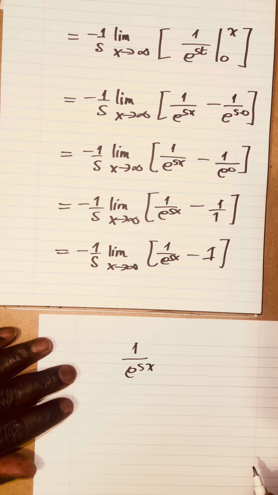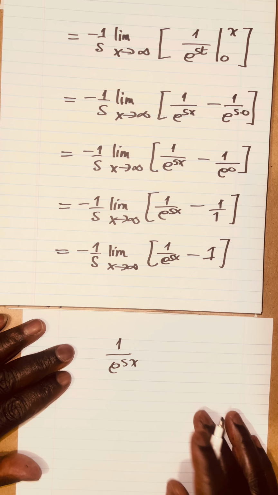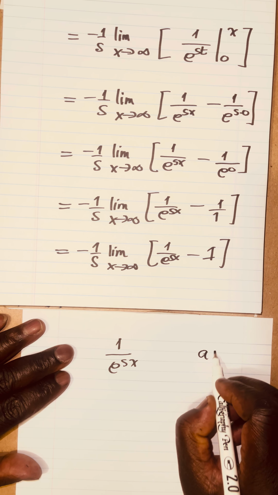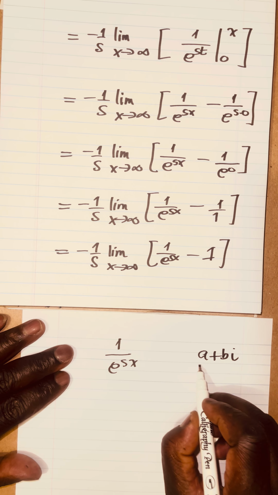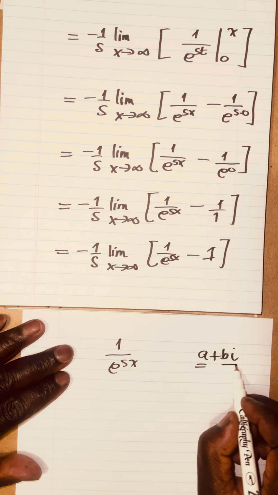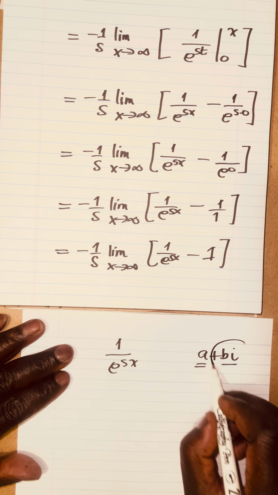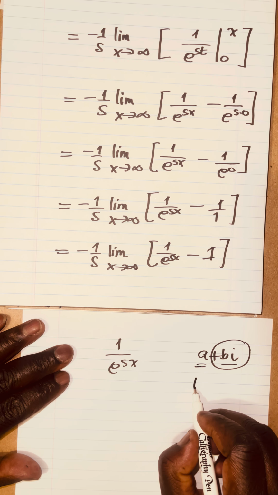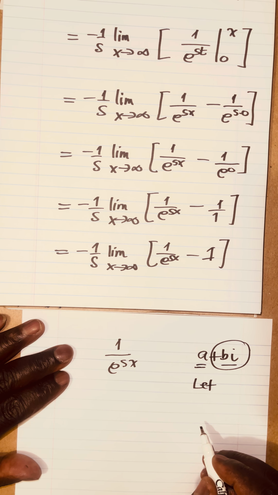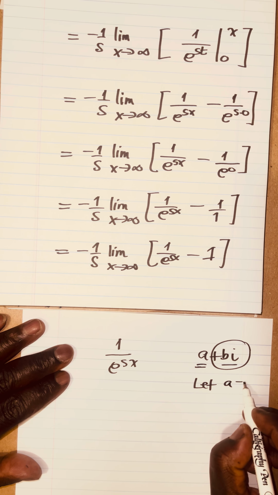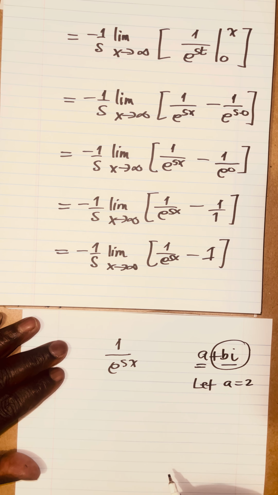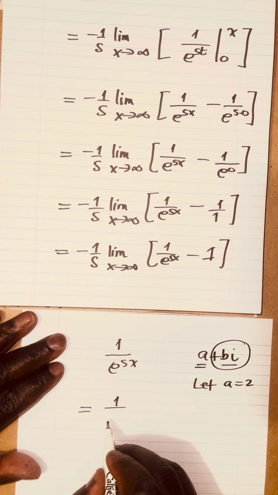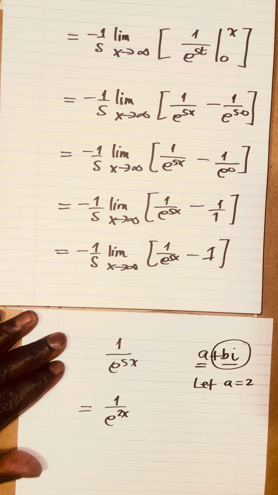So let's assume we are looking at the real part only. A complex number can be written in the form a plus bi, where the real part is a, and the complex part is bi. Now ignore this for now. Let's focus on a. For people to easily understand, I'm going to let a be equal to some number, 2, for example. Then this would be simply written as 1 over e to the power 2x.